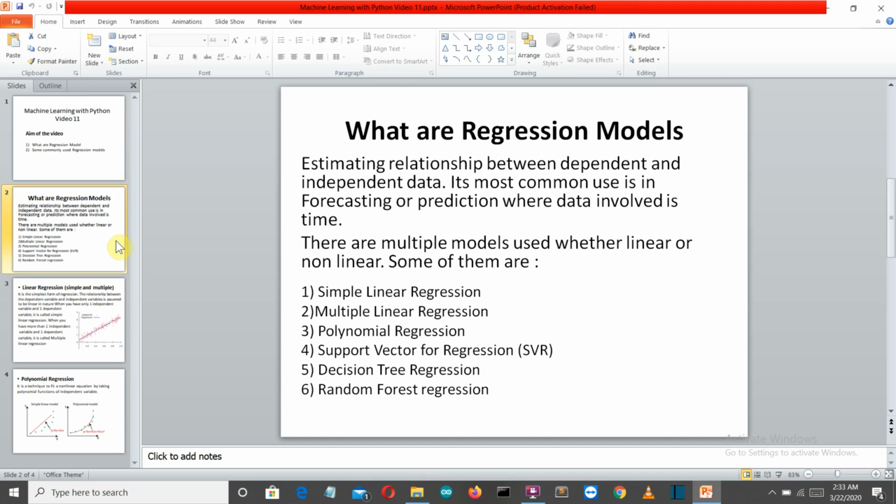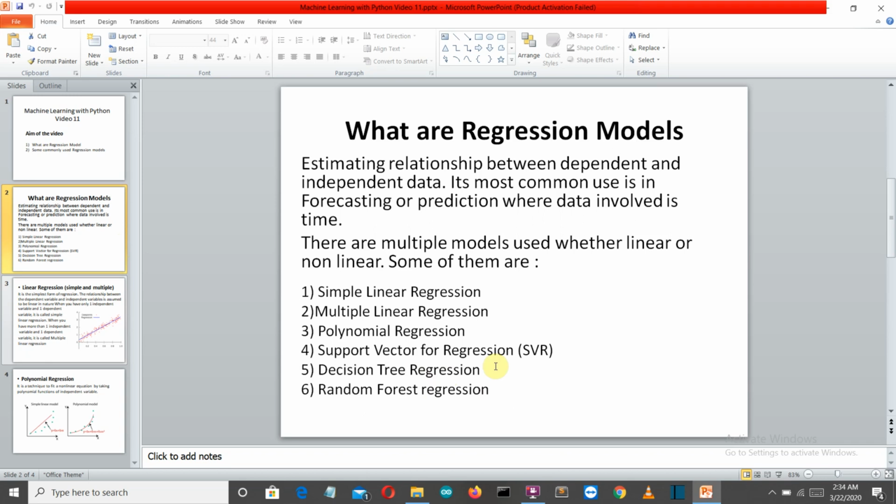Okay, now there are many models present in our regression categories, whether linear or non-linear. Some of them are simple linear regression, multiple linear regression, polynomial regression, support vector, decision tree, and random forest. Some of the models like regression tree and random forest are also available for classification.